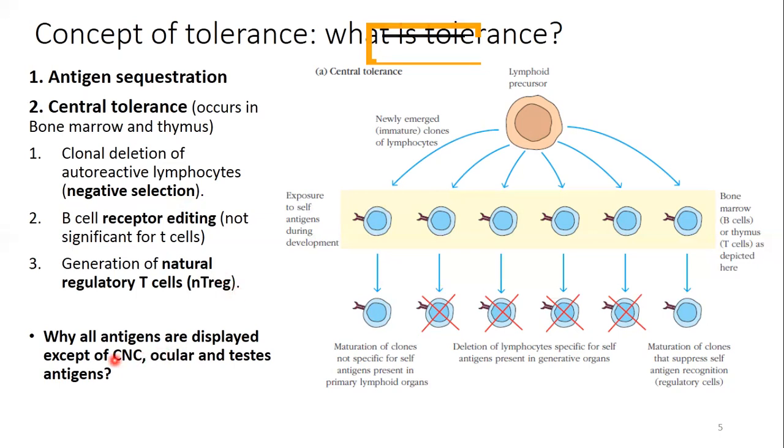We talked about why all antigens are displayed except for CNS, ocular, and testis antigens. The answer may be that these organs are very delicate, or it could be due to the very low replicative potential of these organs or tissues. So that's what happens in central tolerance.